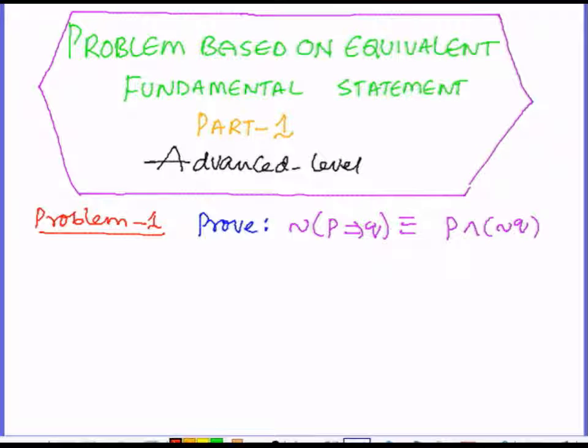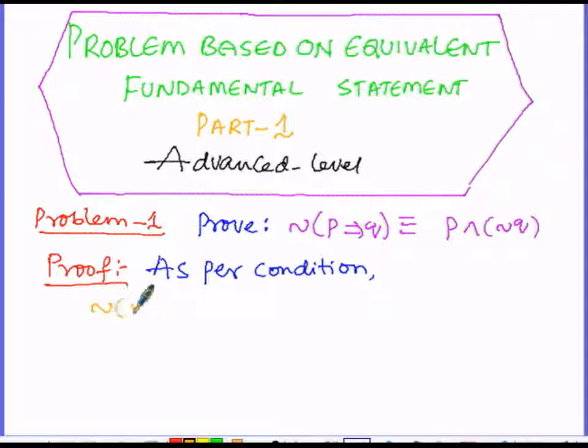Then now, in order to prove this condition, the proof starts. As per the condition or the statement which is given to us, negation of P implies Q is identically equal to P and negation Q. This is the condition to be proved.